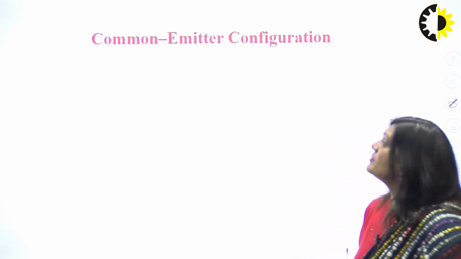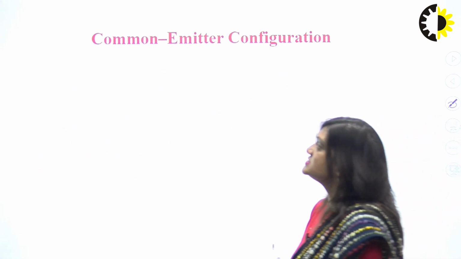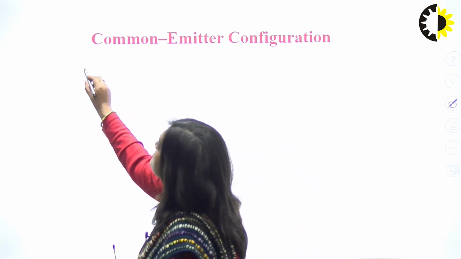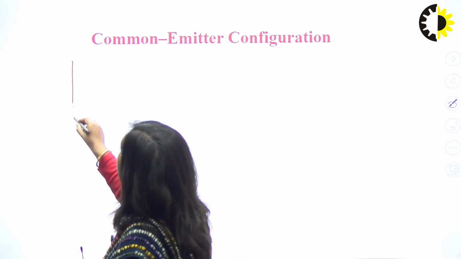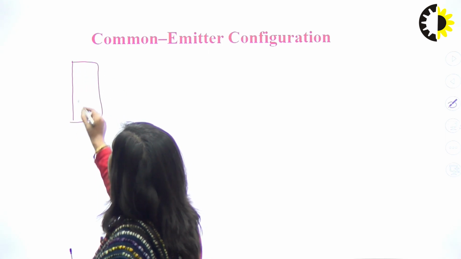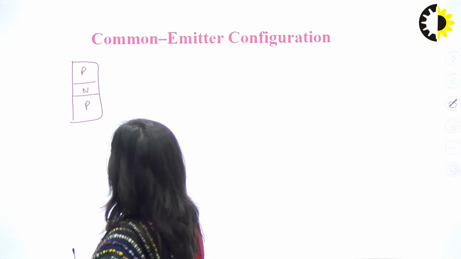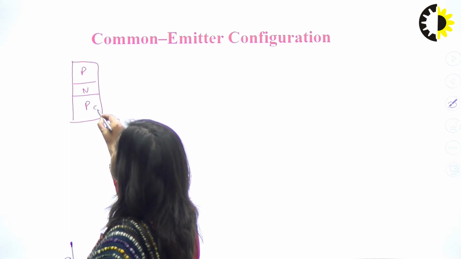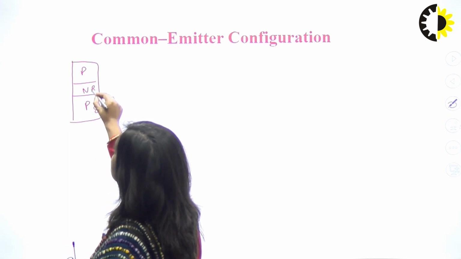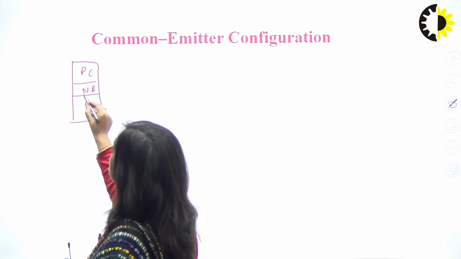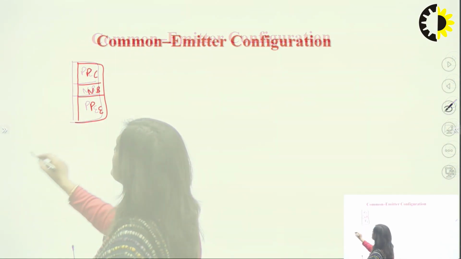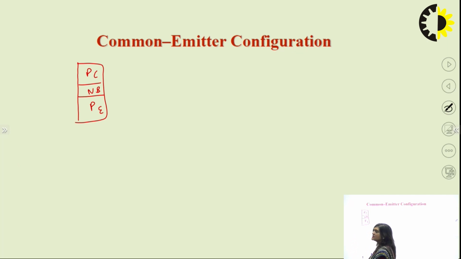So if we connect a PNP transistor in common emitter, we will take an example of a PNP transistor. This is our P, N and P. Here this P is the emitter, this N is the base and this P is the collector. We will keep the emitter common between the input and output.